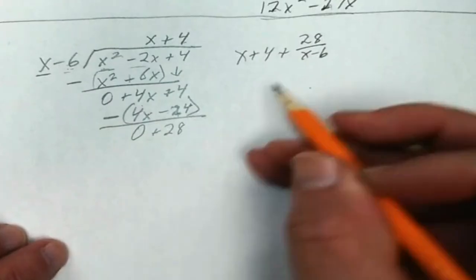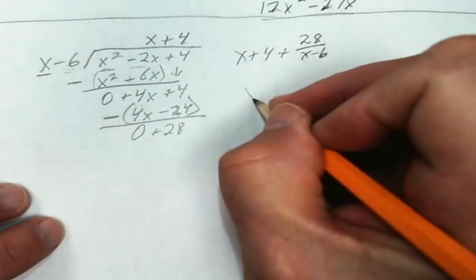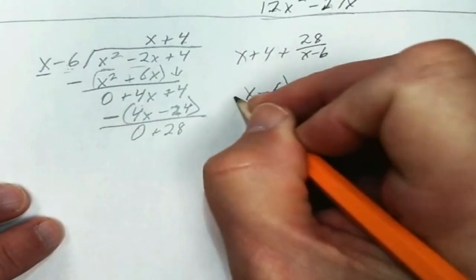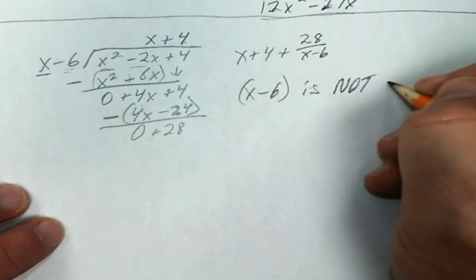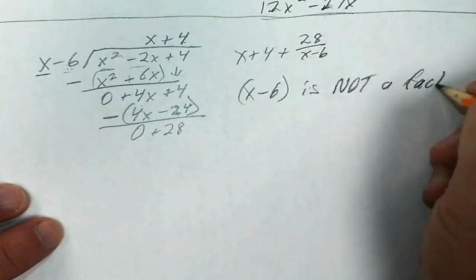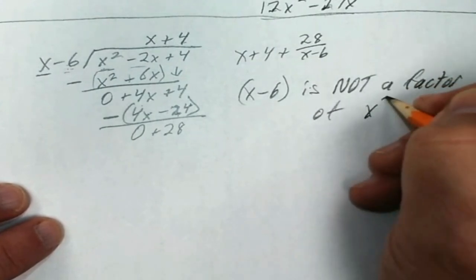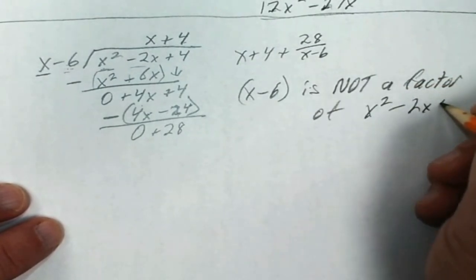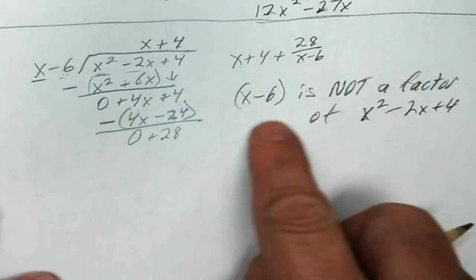So this one has a remainder. So what that tells us is x minus 6 is not a factor of x squared minus 2x plus 4. That's not a factor.